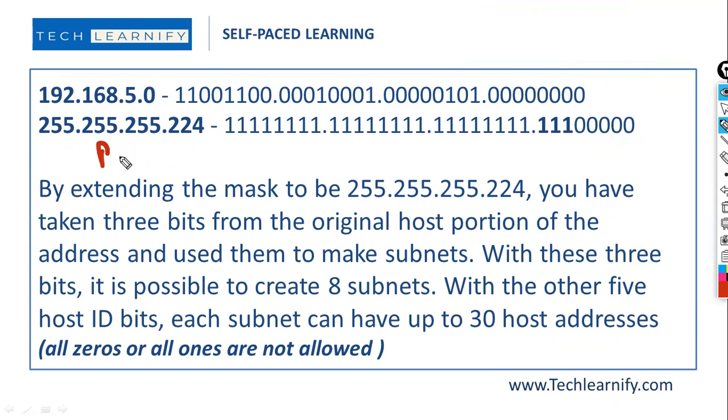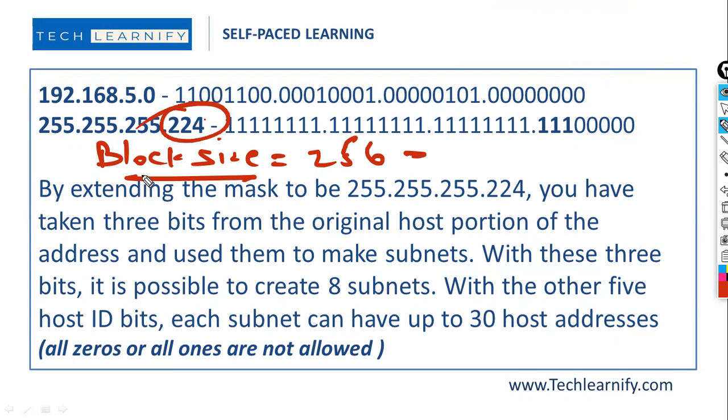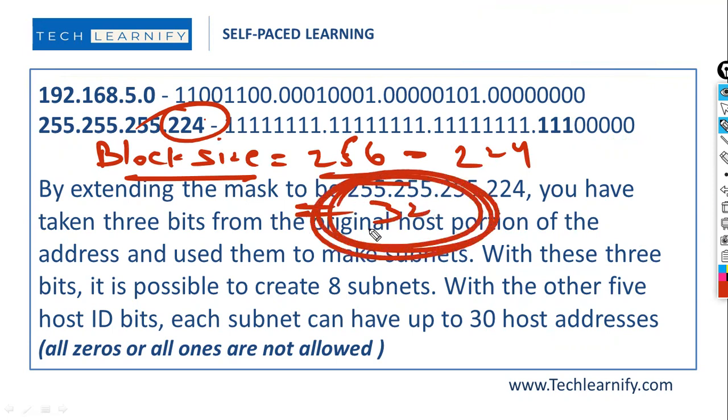If I have to find the block size, the magic number, the rule is: subtract this value from 256. So 256 minus 224, and after subtraction the block size would be 32. 32 is the block size. And then just keep on adding 32, keep on adding 32 at the fourth octet.